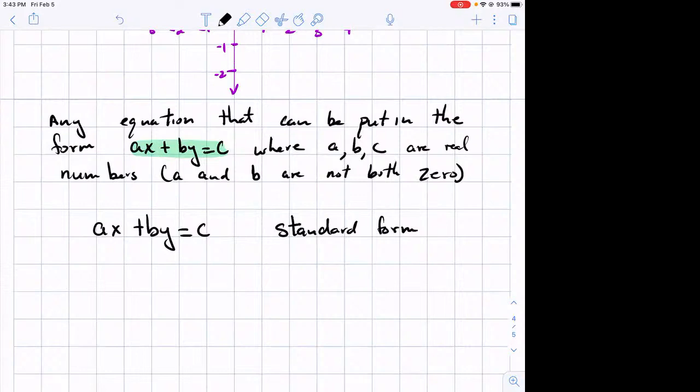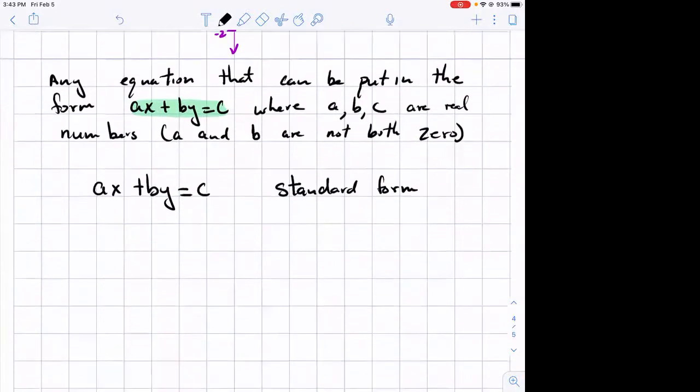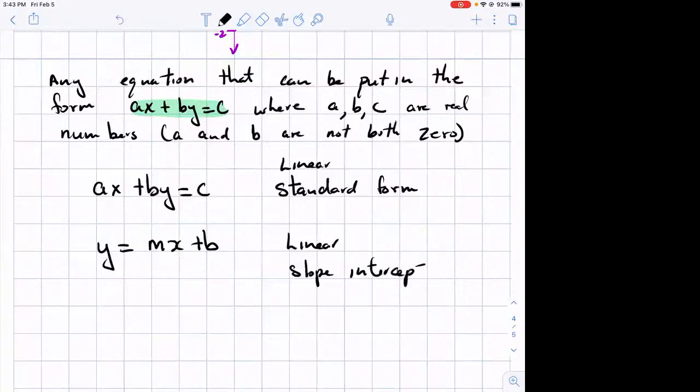But most of you have seen this one, y equal mx plus b, is also linear. It's also linear, but it's written in what we call slope intercept form. Yeah, slope intercept form.